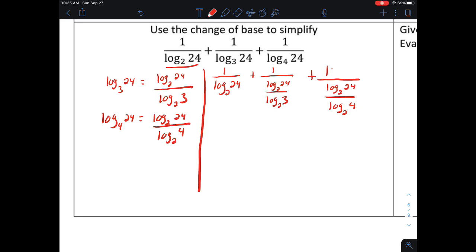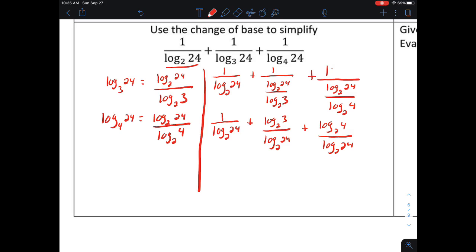Well, we can simplify that. So we'll rewrite this, do skip, change, flip for those second two fractions. We'd have 1 over log base 2 of 24 plus log base 2 of 3 divided by log base 2 of 24. And then we'd have plus log base 2 of 4 over log base 2 of 24.